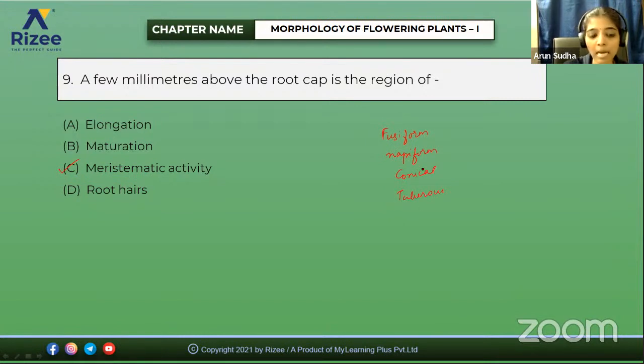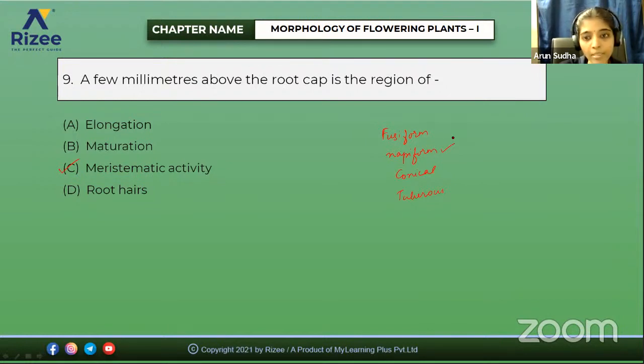The question is about the large globular root that tapers sharply at the lower end. Yes, napiform is the correct answer. So B is the correct option, that is napiform. Clear, right? So just see the question and find out what type of root.